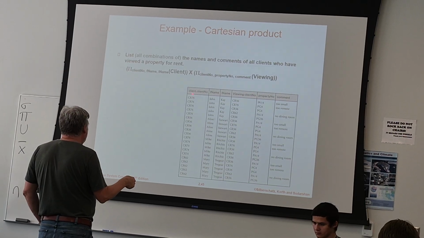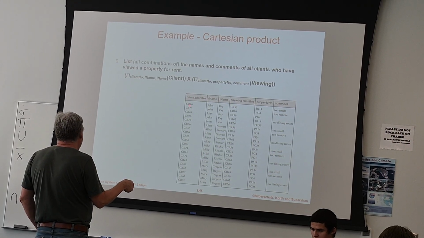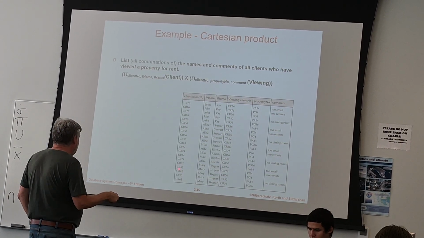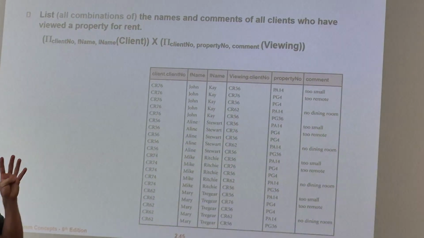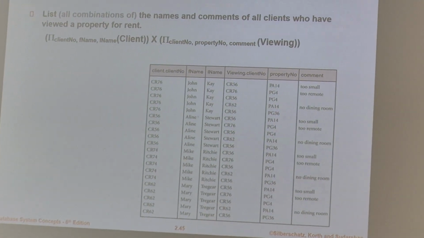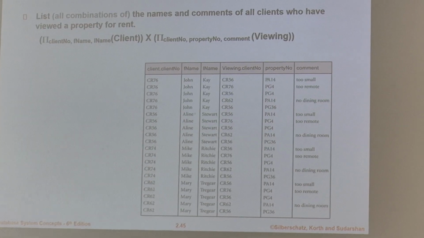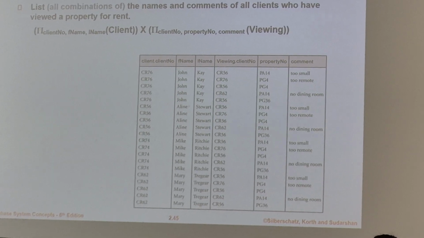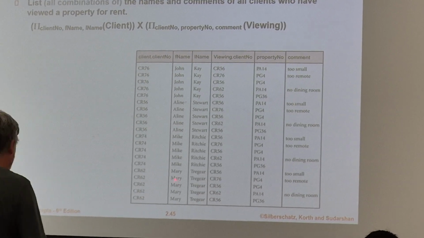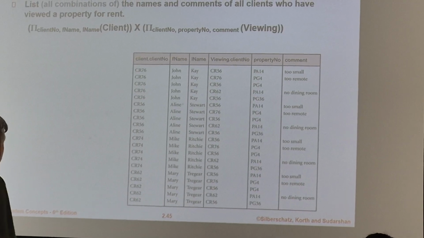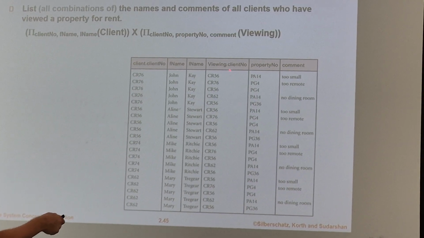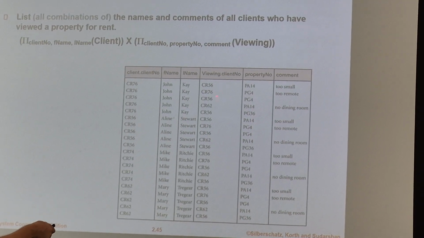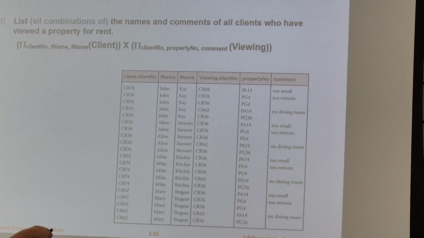What I'm seeing here is that the client table apparently only had clients CR76, CR56, CR74, and CR62. It looks like the client table only had 4 rows in it, which is necessary if we only want a Cartesian joined table of around 20 rows. There were 5 rows in the other table, the clients who left comments.